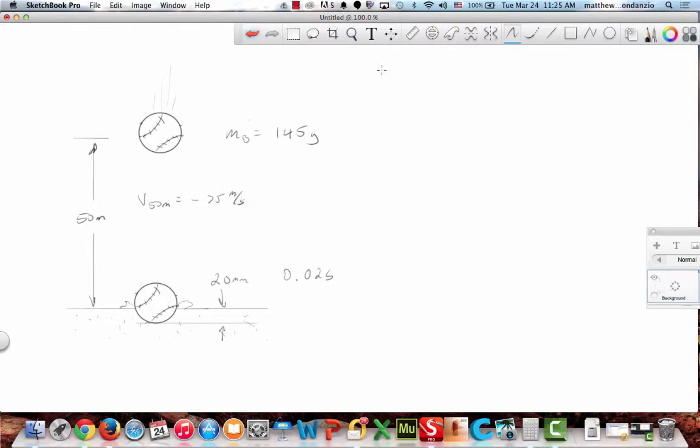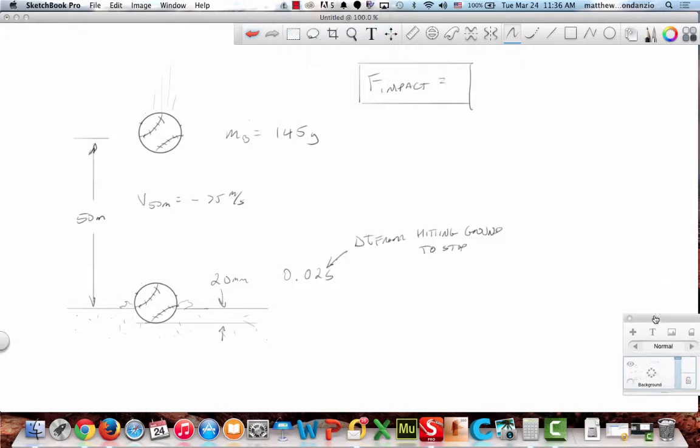What I'd like you to tell me is the impact force that the ball makes in the ground. Go. Let's do this together. Ultimately, I'm looking for the force of impact. What does it equal?